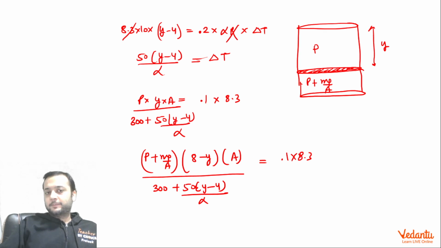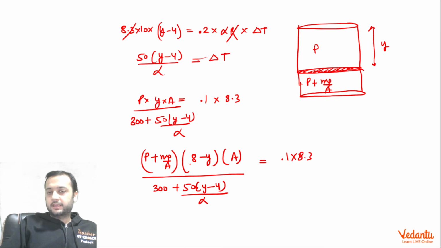Again, you can see that P into A is replaceable fully in terms of y. So if you put A here, A will go inside, and the value of PA we can say is computable from the top equation in terms of y, right?